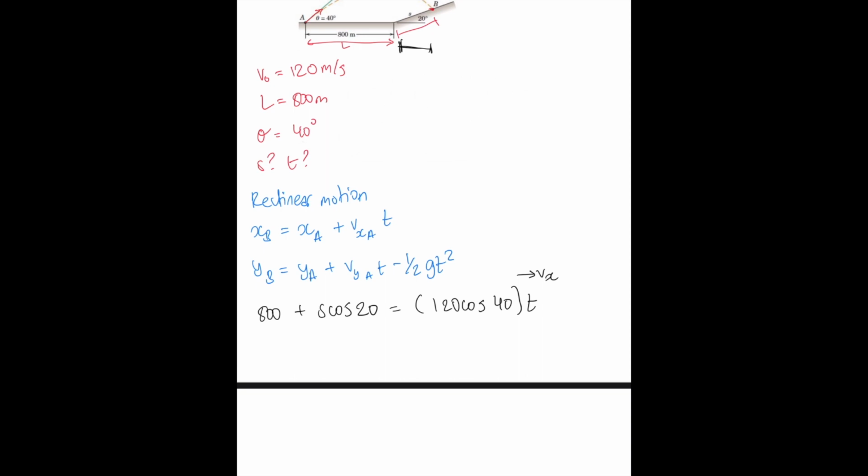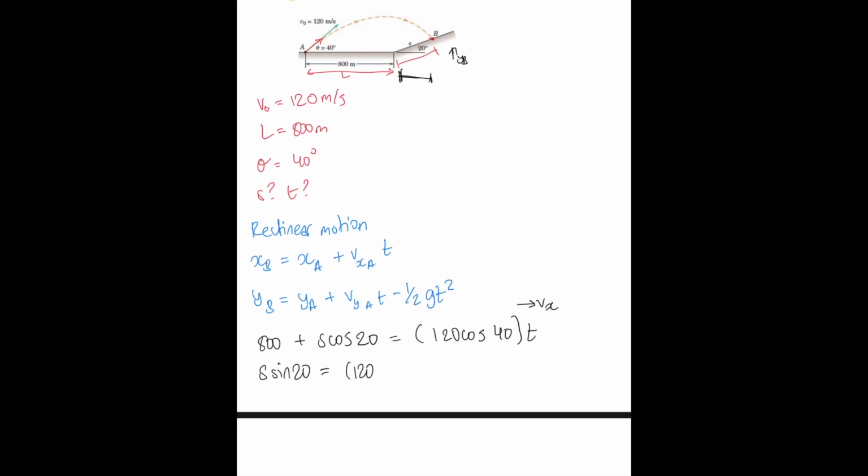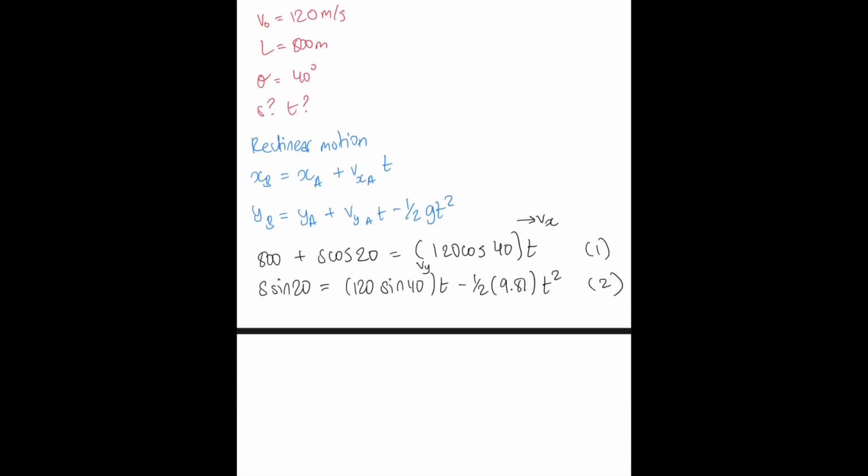We're going to do the same thing with y. yb is just going to be equal to s sine 20, and it's going to be equal to 120 sine 40 multiplied by t, because we want vy, minus half the gravity, 9.81, multiplied by t squared. This is our first equation, this is our second equation.